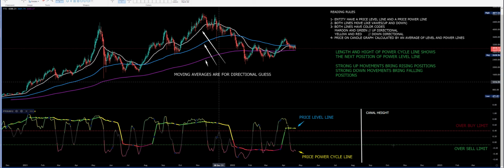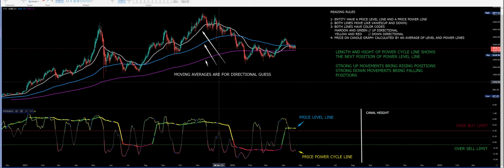Two of them are for the leveling line. The other two are basically the indicator for the price and the timing. This red dotted line is for the overbuy limit. For example, at this point of time, as you can see, the price goes from here to here, and it will start to fall down to the overbuy limit.